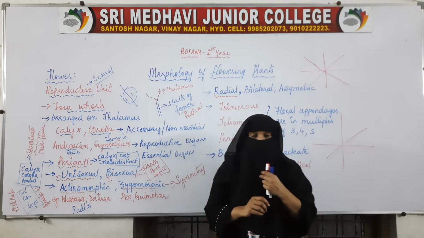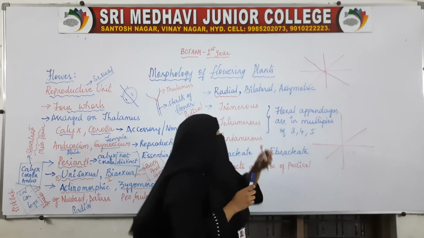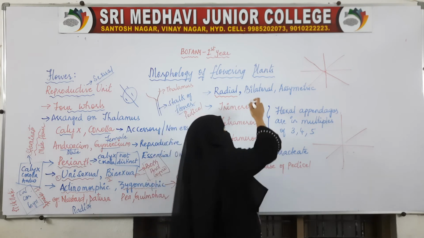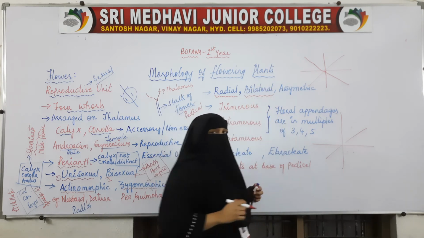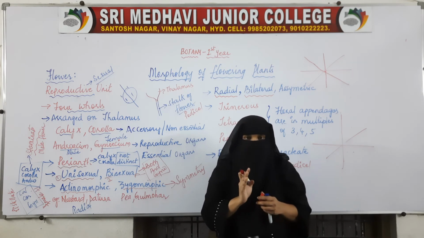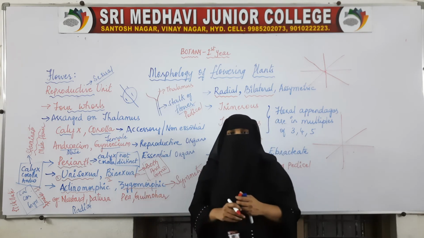Such flowers are called zygomorphic flowers, and the symmetry is called bilateral symmetry. So the flower which exhibits bilateral symmetry can be cut into two equal halves in only one plane.